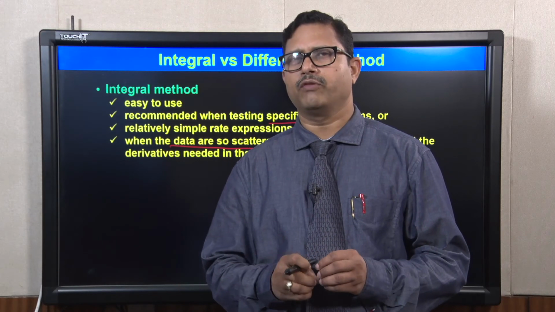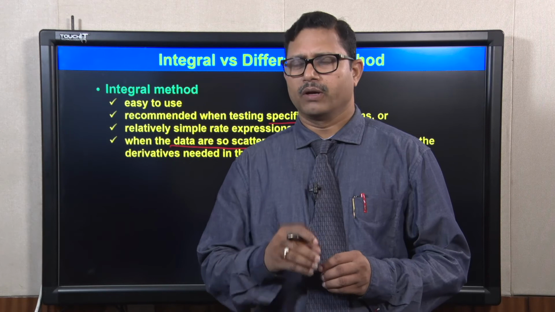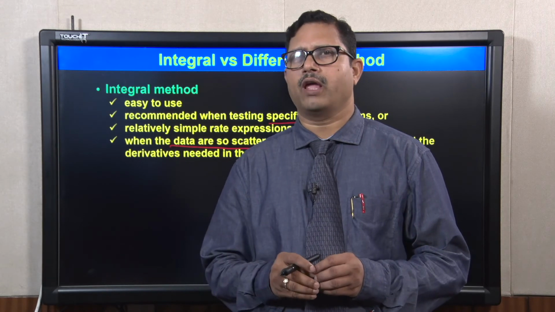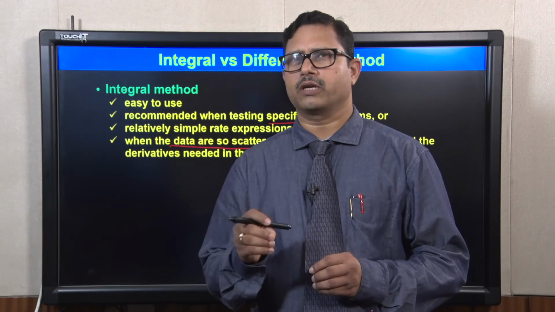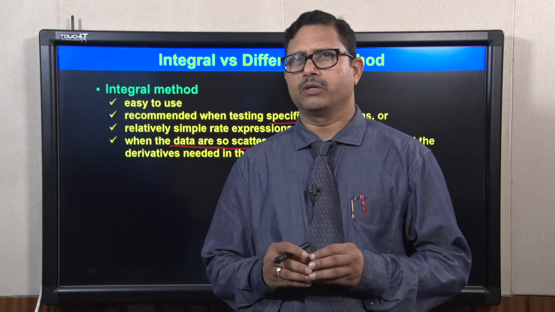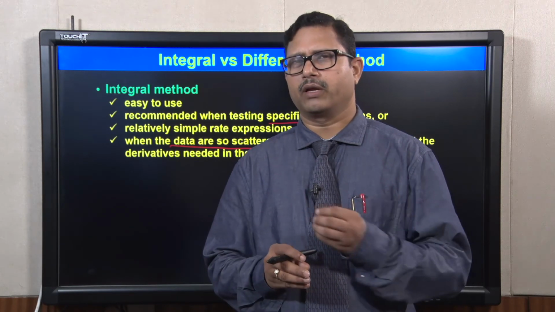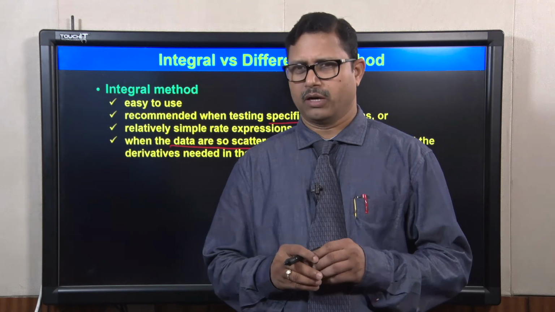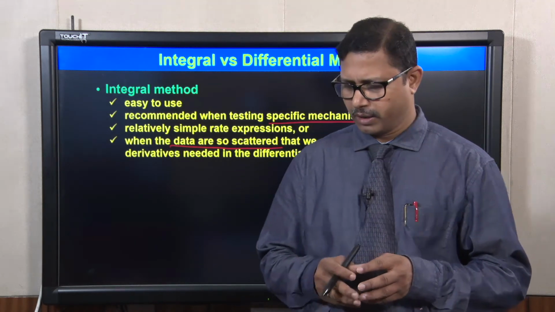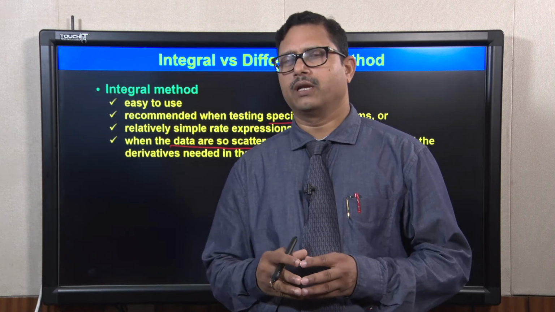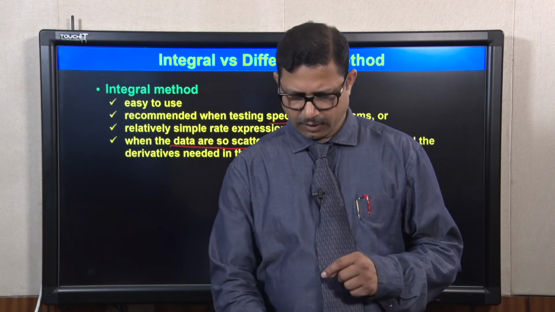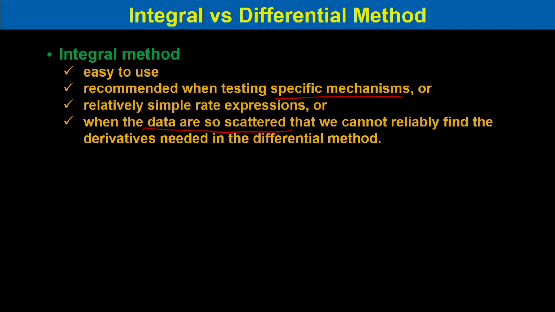If the reaction is very fast, the concentration changes within a short period and we may not capture the change properly, so the data are scattered. In that case we cannot use the differential method, and the integral method becomes easier to apply.